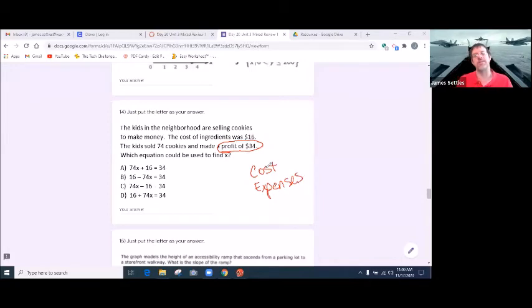The trick is that if you can find the cost or the expenses, you always subtract the cost and the expenses. Now I see 2 of these that have minus, but only one of them is going to subtract what it cost. If you can find what it cost, the cost of the ingredients was $16, then this question becomes really easy because I have to minus 16.